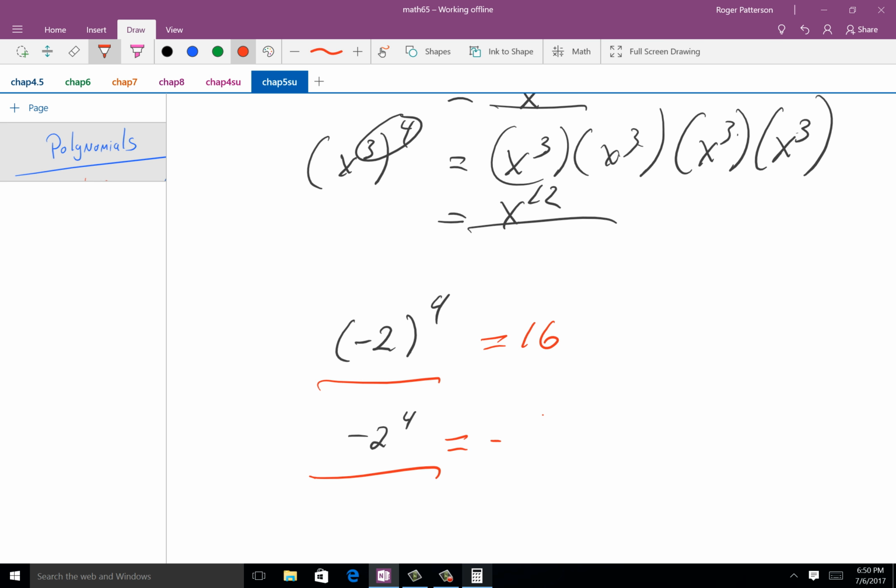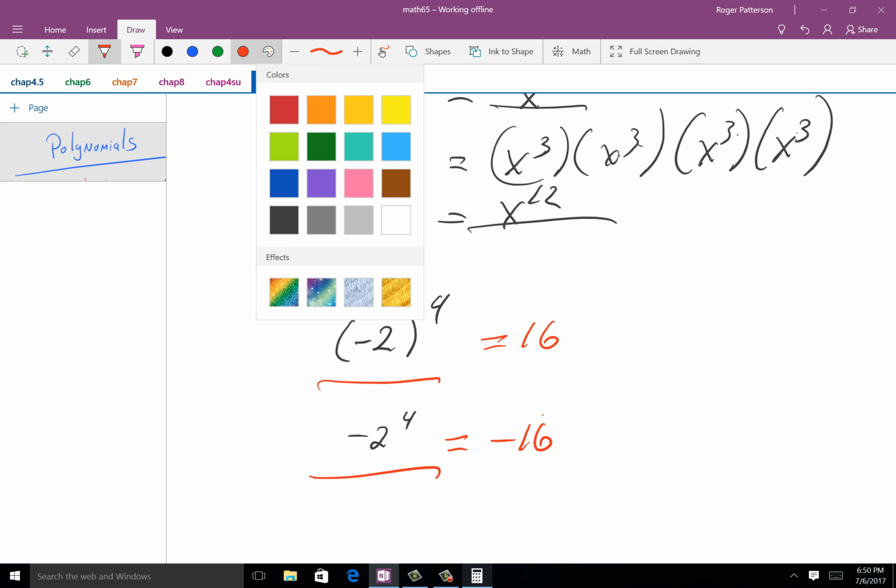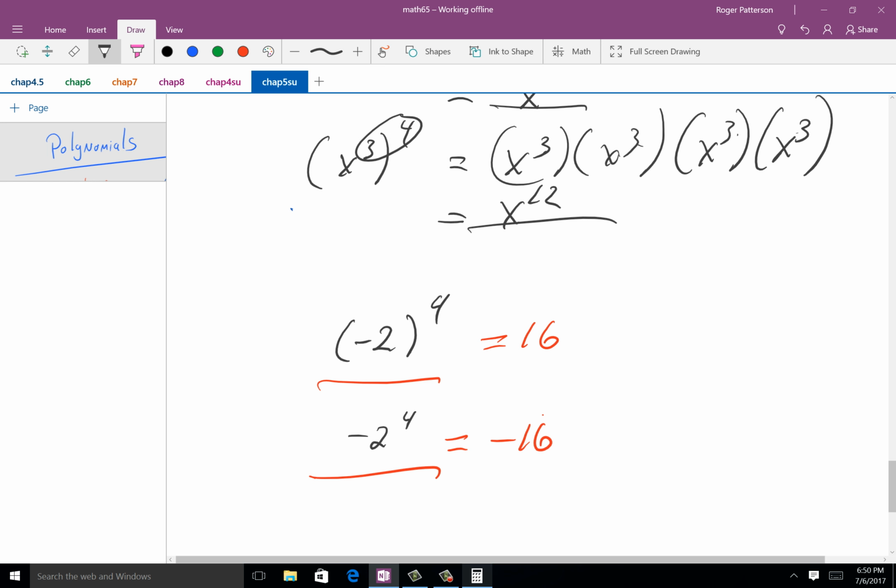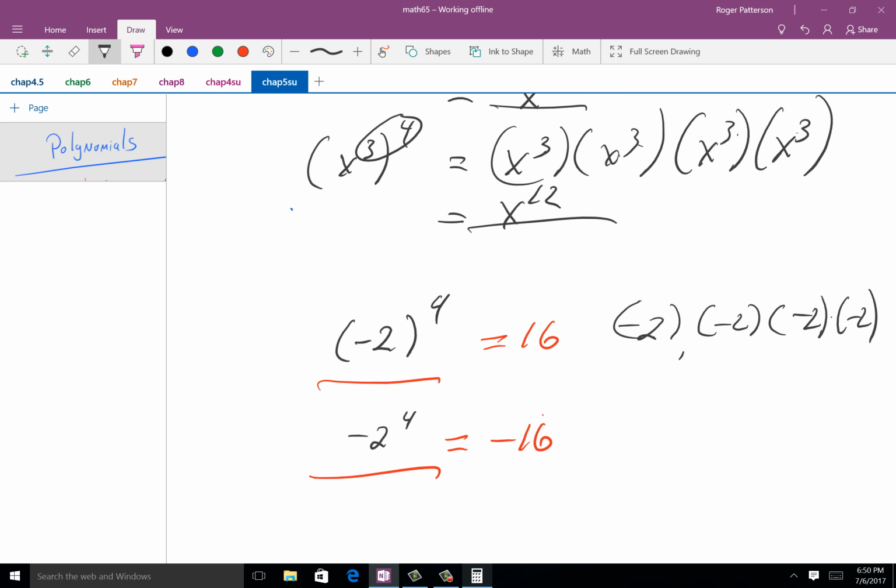This one though is actually negative 16. So you want to make sure you see a difference between this and this, because conceptually, this means we're going to take negative 2 four times, which is a positive 16, because a negative times a negative times a negative times a negative makes a positive.